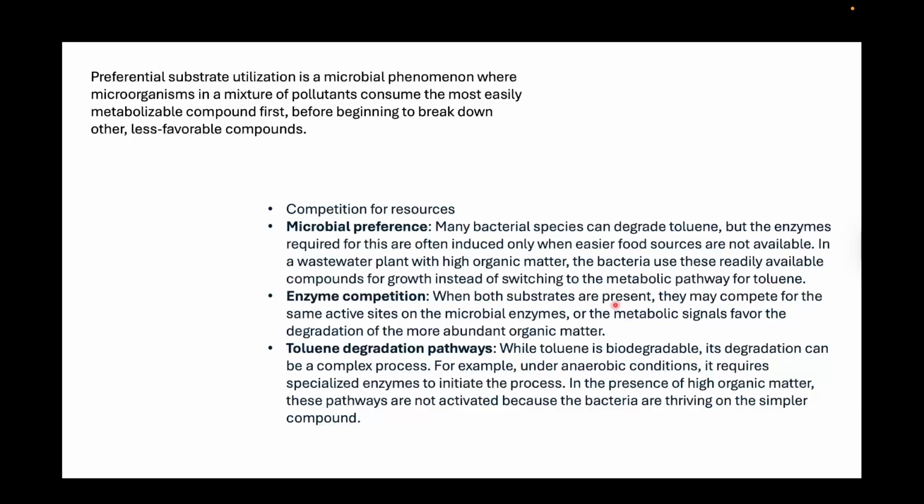For example, under anaerobic conditions, it requires specialized enzymes to initiate the process. In presence of high organic matter, these pathways are not activated because the bacteria are thriving on simpler compounds. It's simple because it just got an alternative source, which is easier to digest and generate energy. That's why it is not touching toluene unless and until it uses up all the easy organic sources from the high organic matter content.